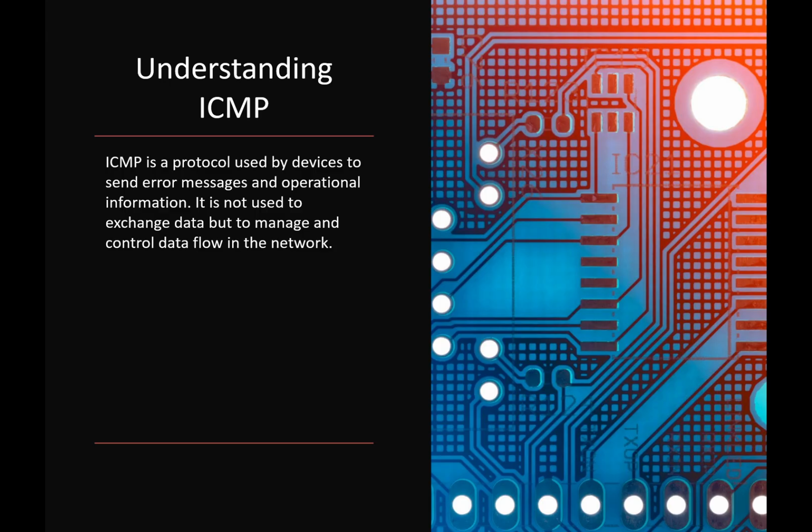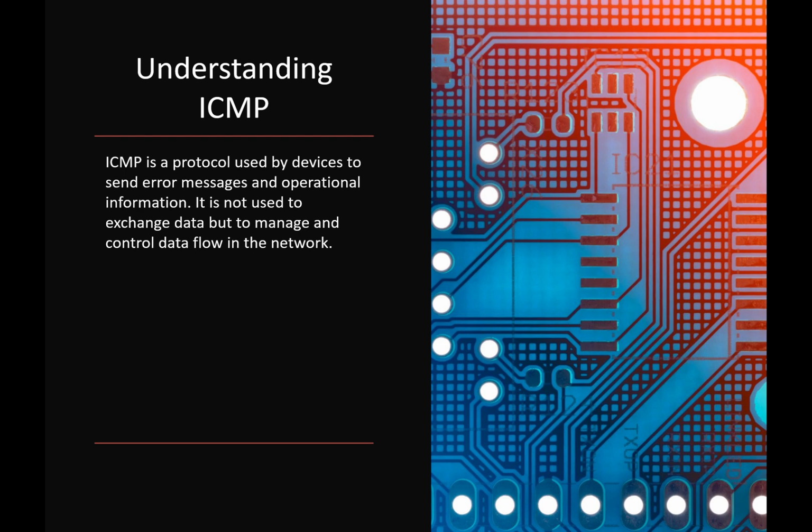Moving forward, let's understand what ICMP is. To understand the Smurf attack, we need to understand ICMP. The Internet Control Message Protocol, or ICMP, is a network layer protocol used by devices to communicate error messages and operational information.